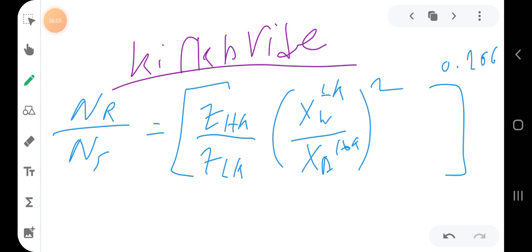Then you multiply it by W over D. And as we agreed, this W and D could be obtained either from the fractional recoveries or from the overall material balance.